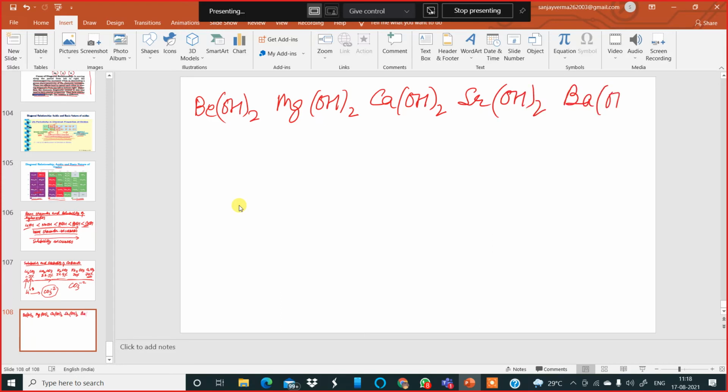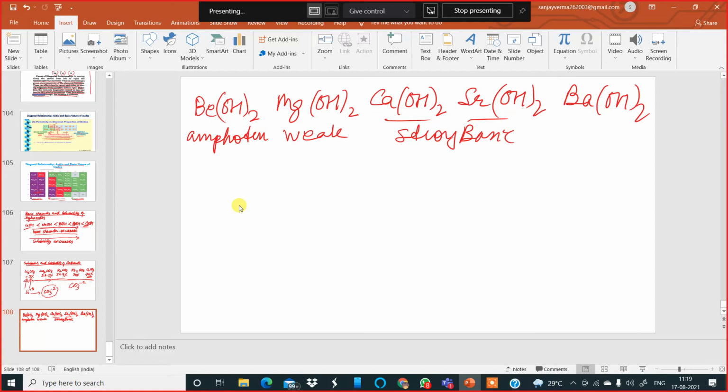If you look at their character, beryllium hydroxide is amphoteric. Magnesium hydroxide is weakly basic. Then calcium and strontium hydroxides are strongly basic, because these hydroxides are of metals, and metals mostly form basic hydroxides.